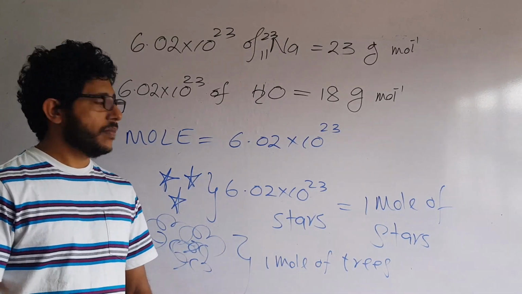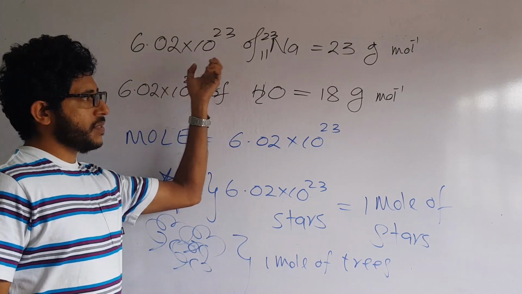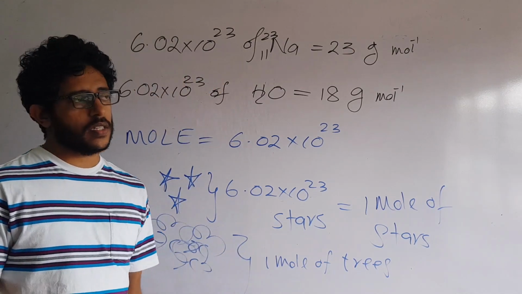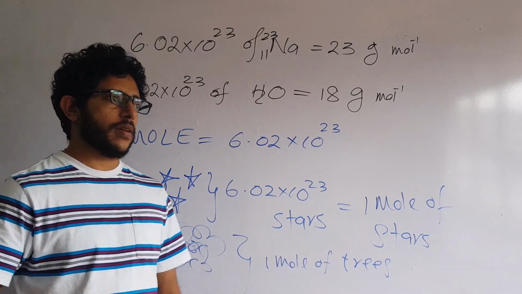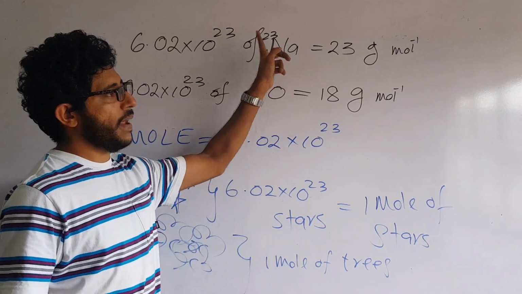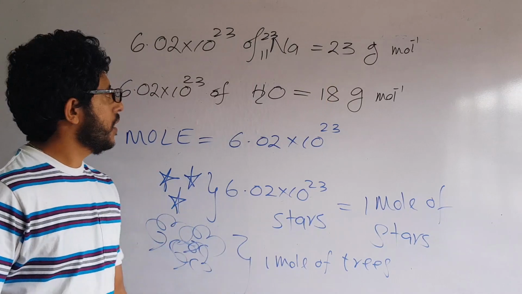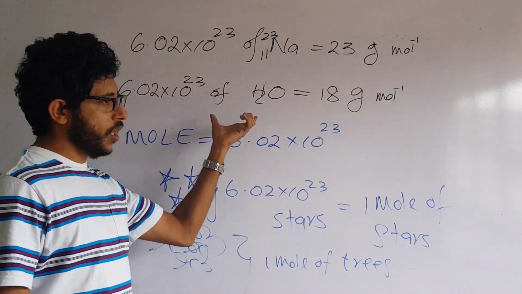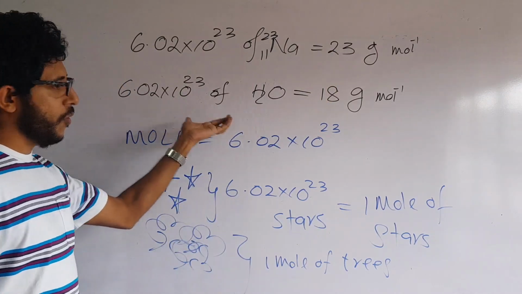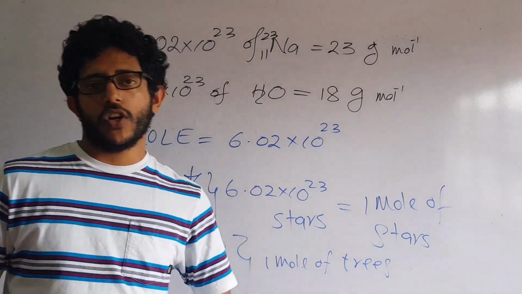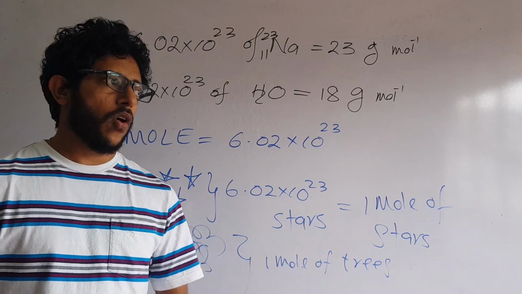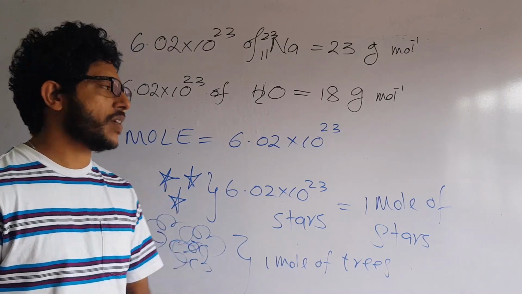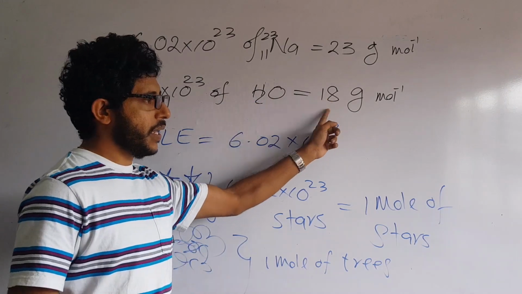So for an atom, the number of atoms equal to Avogadro's constant, or 1 mole, has a mass equal to its molar mass, the RAM value in grams, and it is the same for a molecule. That many molecules, 6.02 × 10^23, of water or any molecule has a mass equal to its relative formula mass in grams.